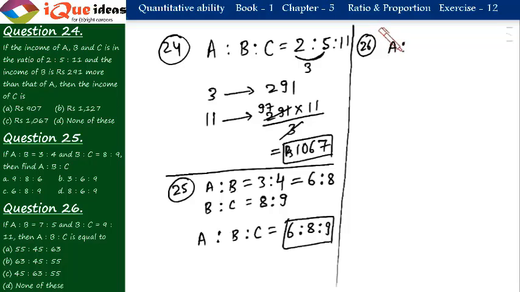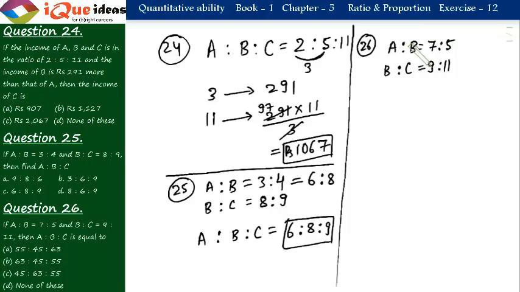Question 26, it says A is to B is 7 is to 5. B is to C is 9 is to 11. Okay. Now let's see. The common quantity is B and the values corresponding to B are 5 and 9.